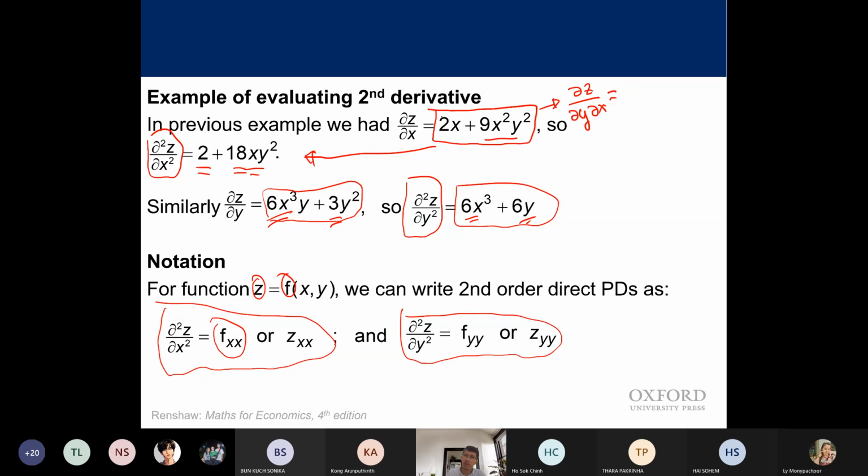So just look at this boxed expression. What will it be when you differentiate this expression with respect to y? I don't see anyone. Are you with me?